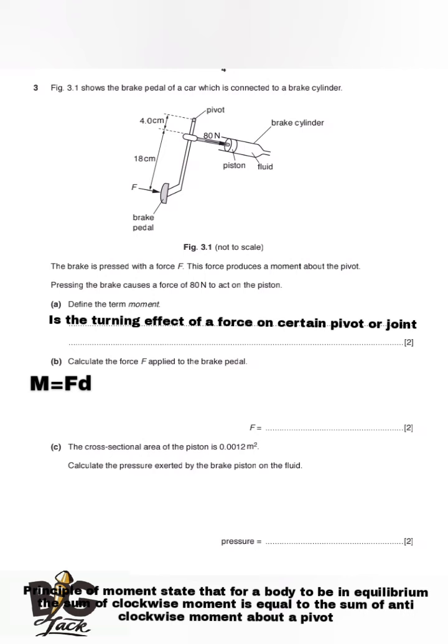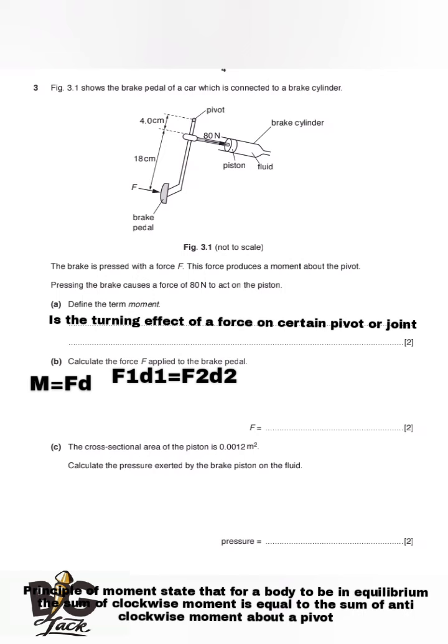So F multiplied by D represents the moment for clockwise, and another force multiplied by D represents the moment for anti-clockwise. So F1 multiplied by D1 is equal to F2 multiplied by D2.